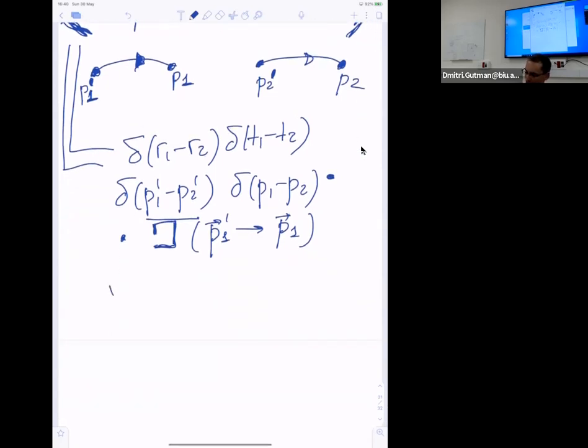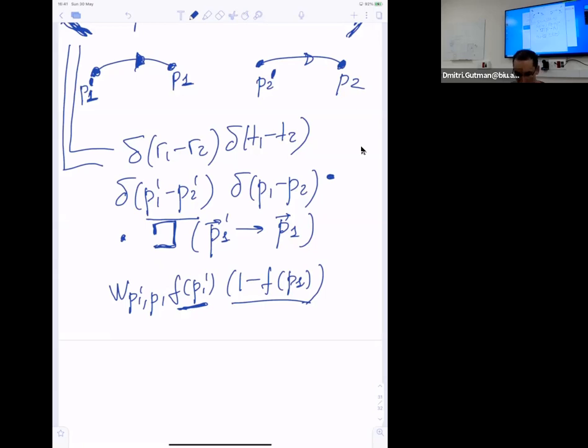If you don't remember, that was the probability to have an electron in the state P1 prime and to scatter to state P, and that was this. This is how many electrons are being transferred from the state P1 prime into state P1 in the presence of some scattering. So this is already known.